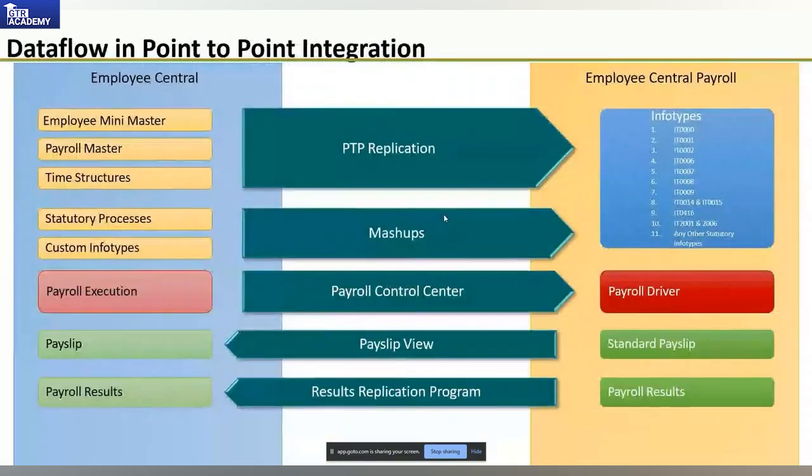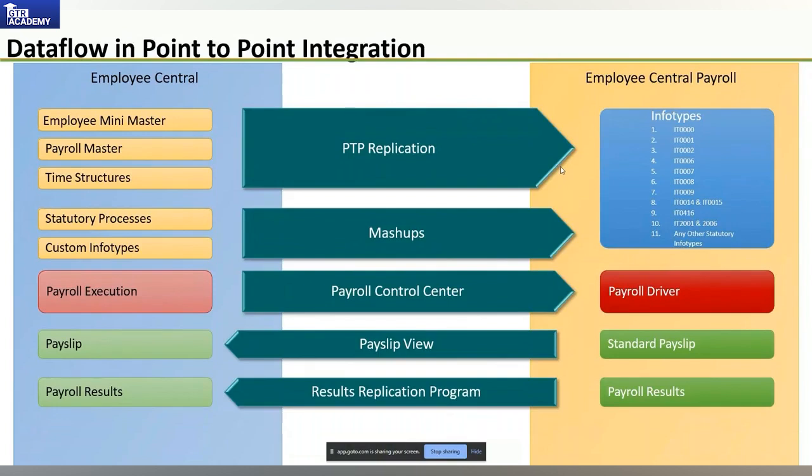Now, how the data flow works from Employee Central to Employee Central Payroll. This particular slide we have also seen in the demo, but still, as I said, we will cover it. All the payroll data or employee data will be replicated from Employee Central to Employee Central Payroll through point-to-point replication, whichever is necessary for the payroll to run.